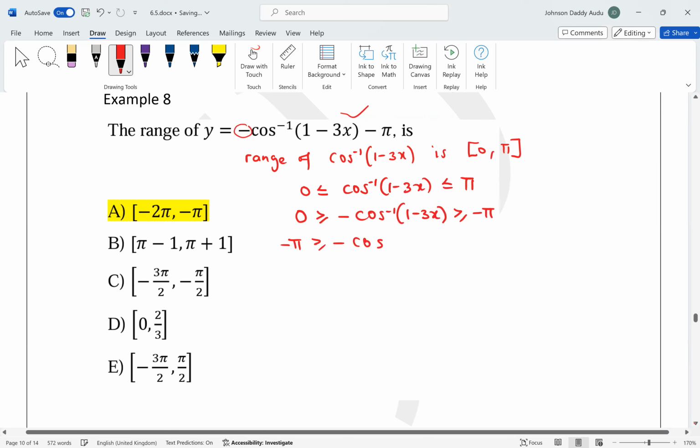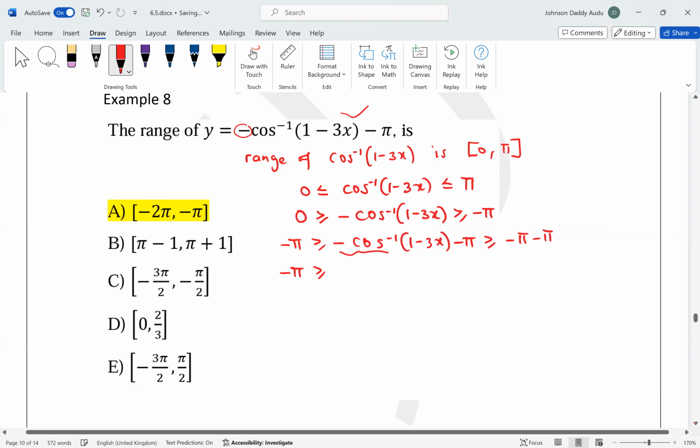So this becomes minus pi minus cosine inverse of 1 minus 3x, which is greater than or equal to minus 2 pi. But if you look at this, the middle term is nothing but the whole y.